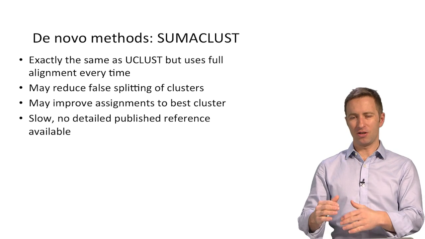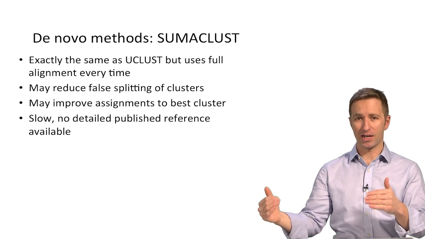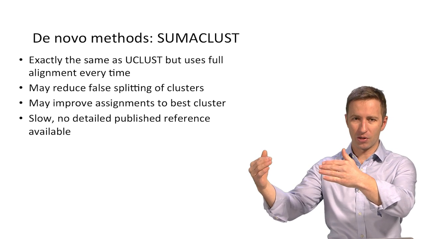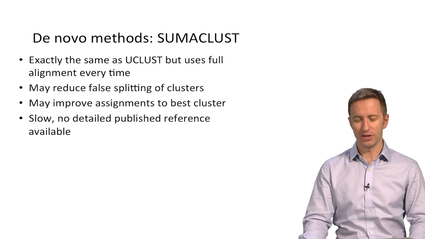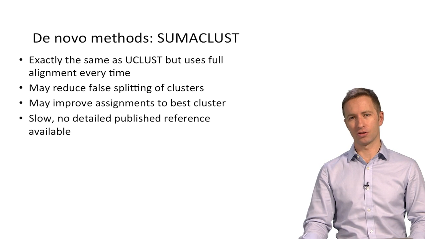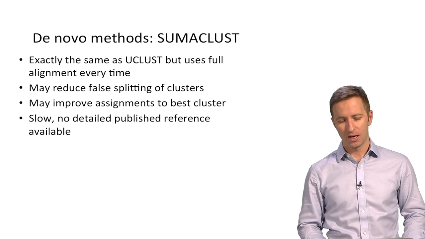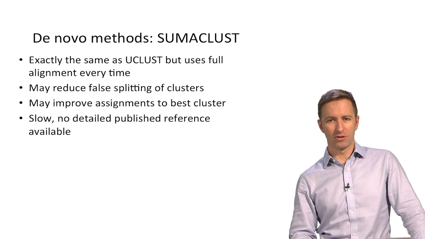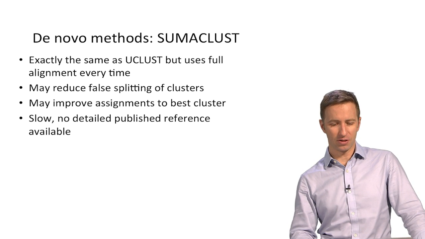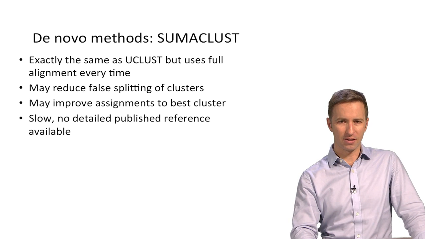So this might mean that you have less false splitting of clusters, because if there is a match for a new sequence, you'll find it and put it into that cluster. It also means you probably improve the assignments to the best cluster, so each sequence goes to the correct or closest cluster. However, it's going to be a lot slower than Uclust, and there's also no detailed published reference. There's an abstract for Sumaclust, but no publication at the time of recording.